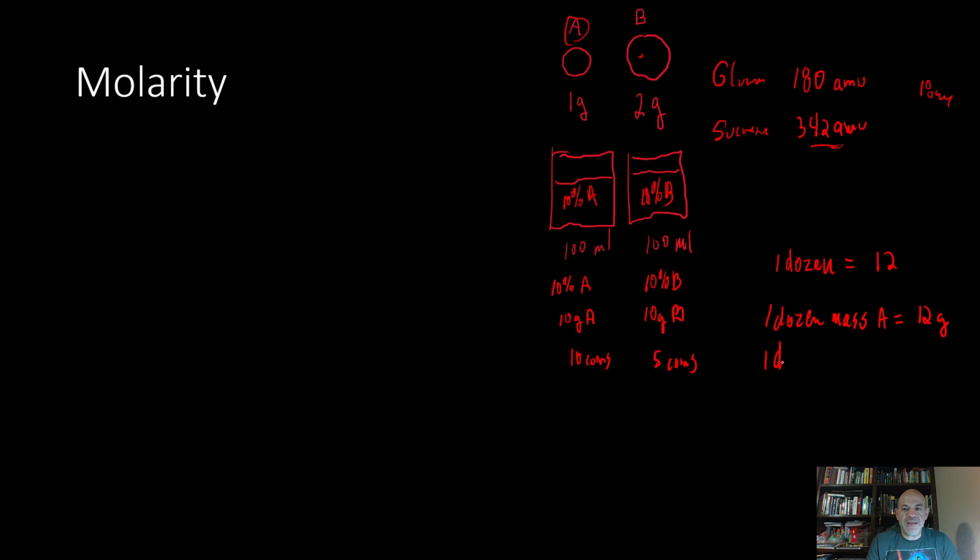If we had a dozen mass for B, 12 times 2, that would be 24 grams. So it would be per dozen, per counting unit. These would be the dozen masses. So there's a certain mass for it.